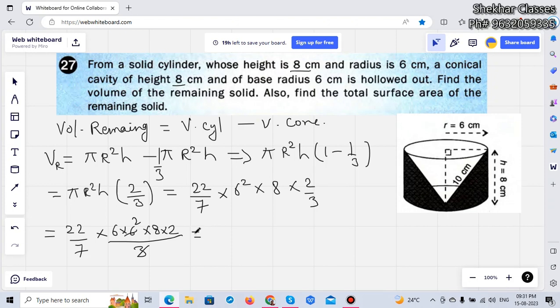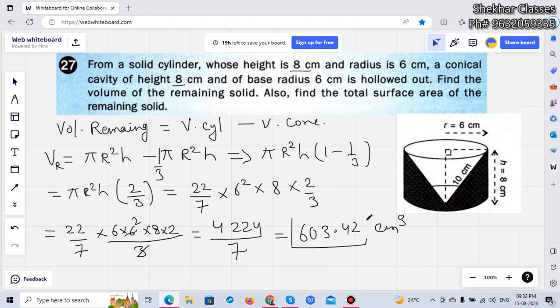So finally you will get 22 into 6 into 2 into 8 into 2, which is 4224, divided by 7. You get 603.42, and this is centimeter cube.